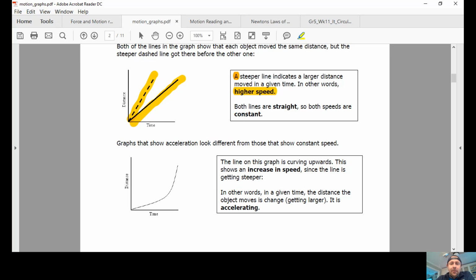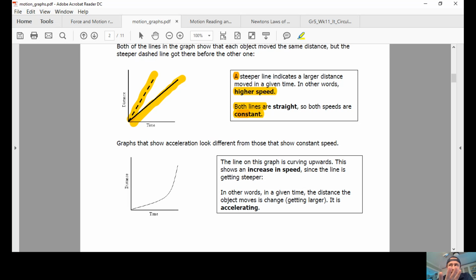So the thing is, because the dotted line actually won the race in less time, that means they traveled at a higher speed. There's the correlation, how the distance and speed actually link together. But still not the same thing. Both speeds are constant. We know this because we see no dips in the line.